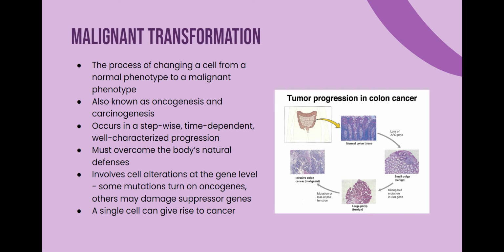If we have that loss of function in the RAS gene, which is another suppressor gene, it's still growing, but it's still essentially a normal phenotype. And then we get this loss of P53 function. That's another suppressor gene.